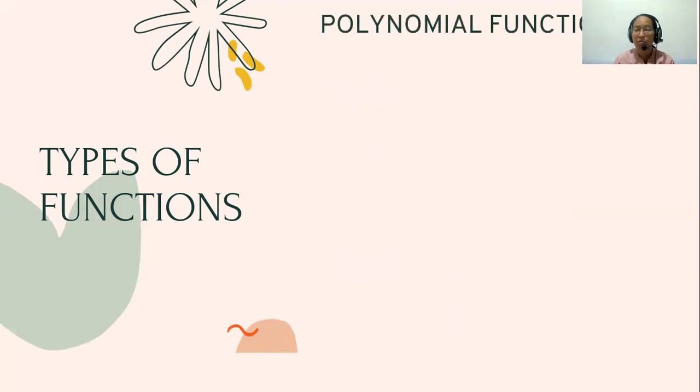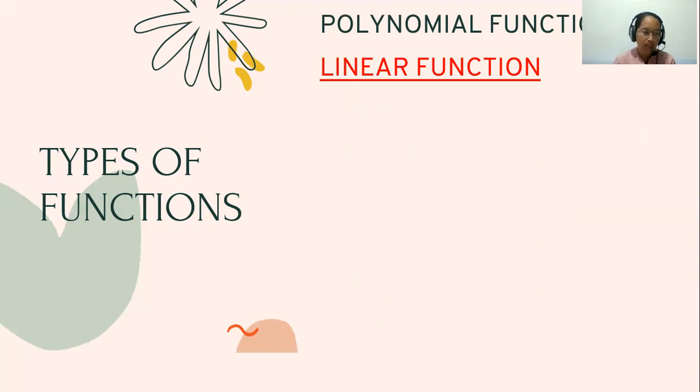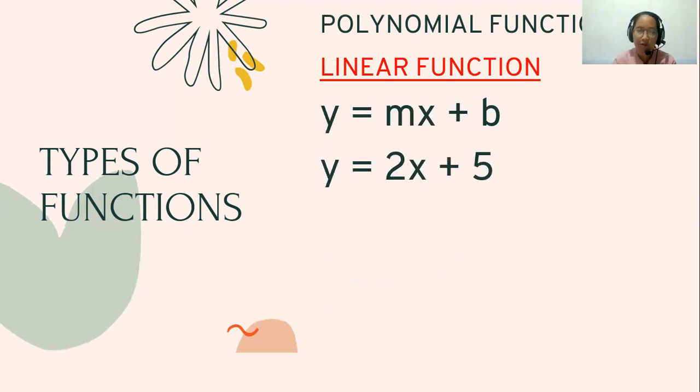The third type of function is a polynomial function, and this kind of function comes in 3 types. First, we have a linear function. As the name suggests, it is a function defined by a line. Generally, it is given in the form of y equals a to the x, plus a to the x squared, and so on and so forth.